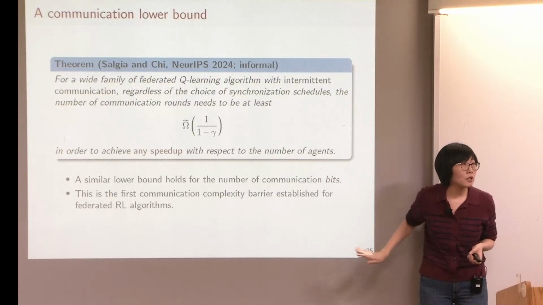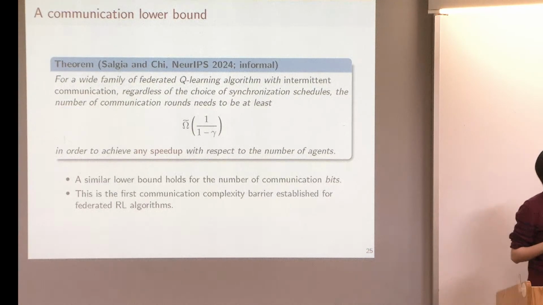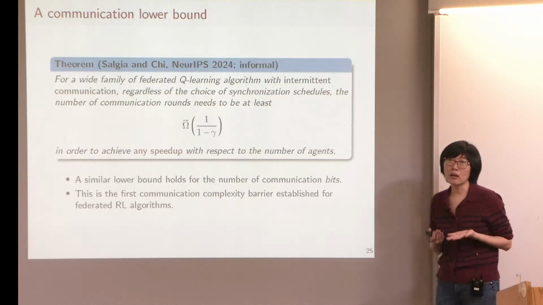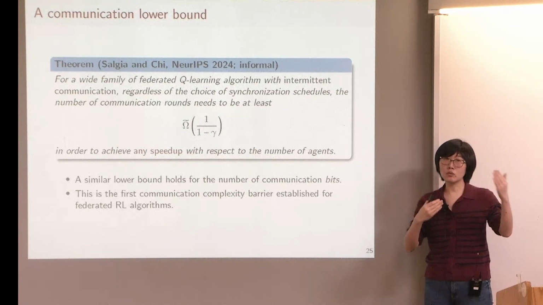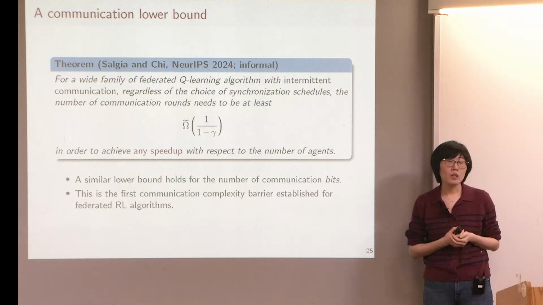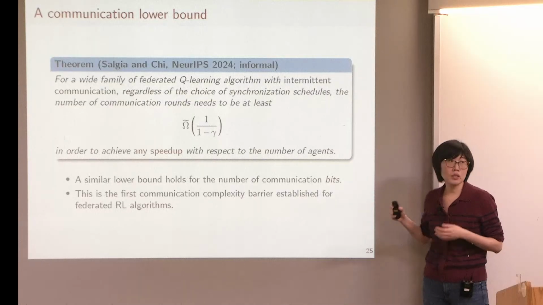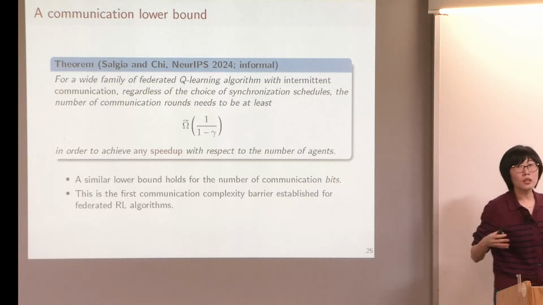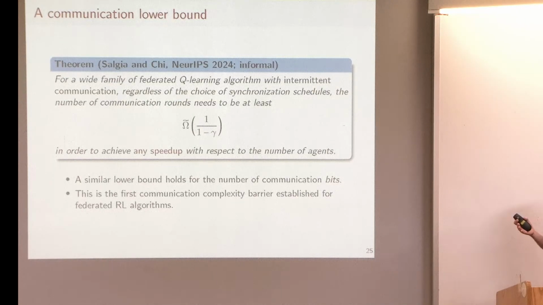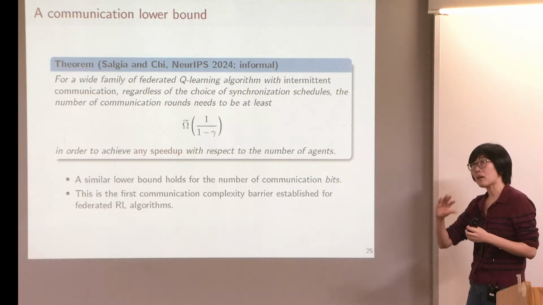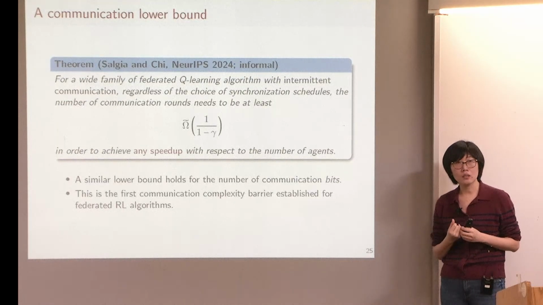So to the best of our knowledge, this is the first communication complexity analysis for this kind of federated RL algorithm that shows you actually do have a communication barrier. I should also say that this is kind of unique when you look at Q-learning type algorithms, where you have this nonlinearity in the Bellman optimality operator.